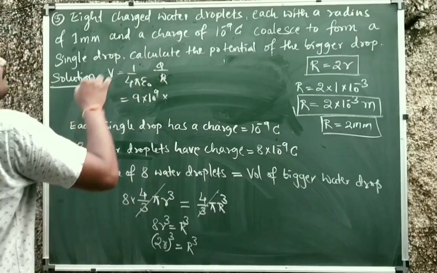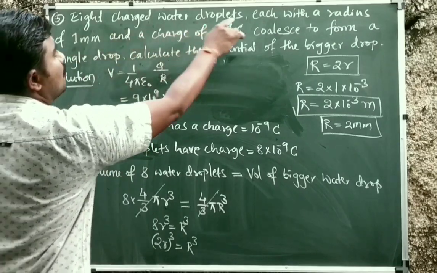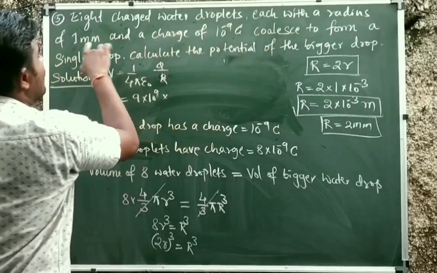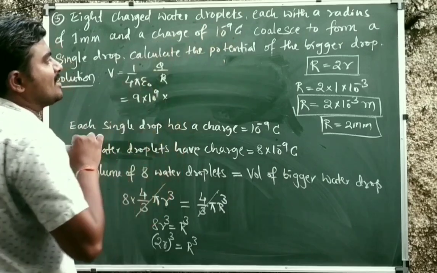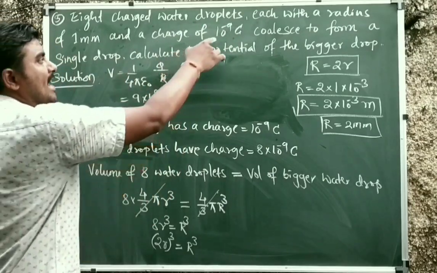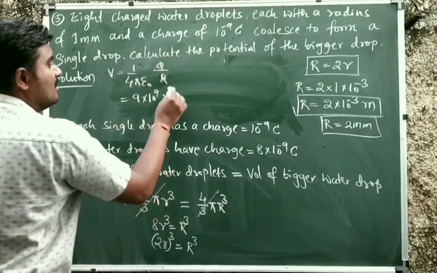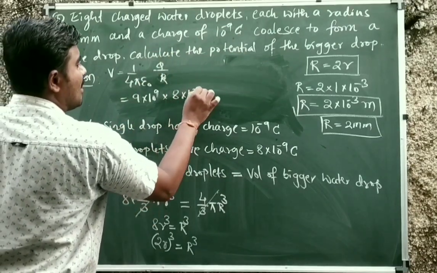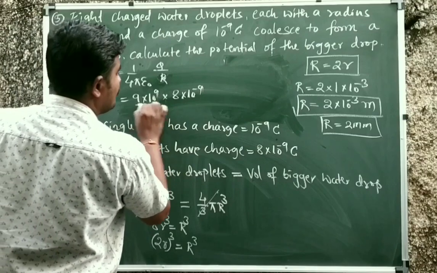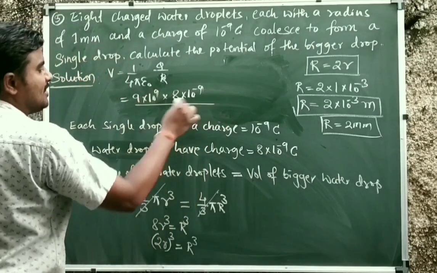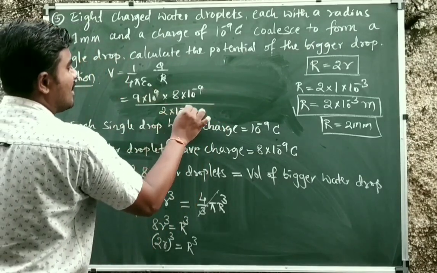Q value they have given: 8 charged water droplets, each with a radius of 1 mm and a charge of 10 to the power minus 9 coulomb. One water droplet has a charge 10 to the power minus 9 coulomb. Therefore 8 charges are there. Therefore it is 8 into 10 to the power minus 9 coulomb. And our distance is 2 into 10 to the power minus 3.